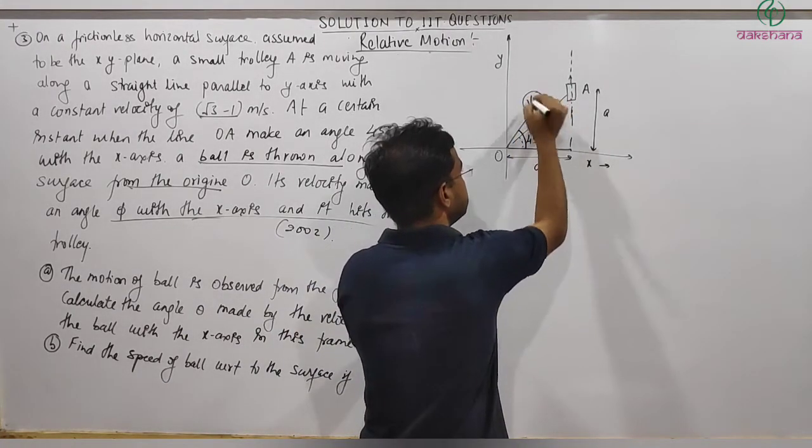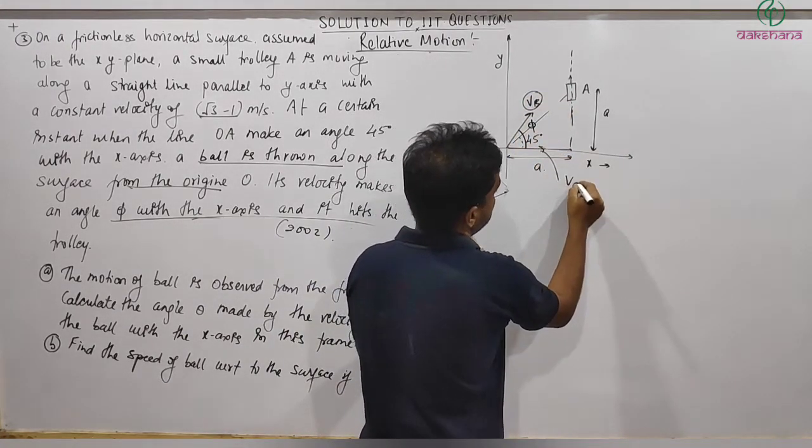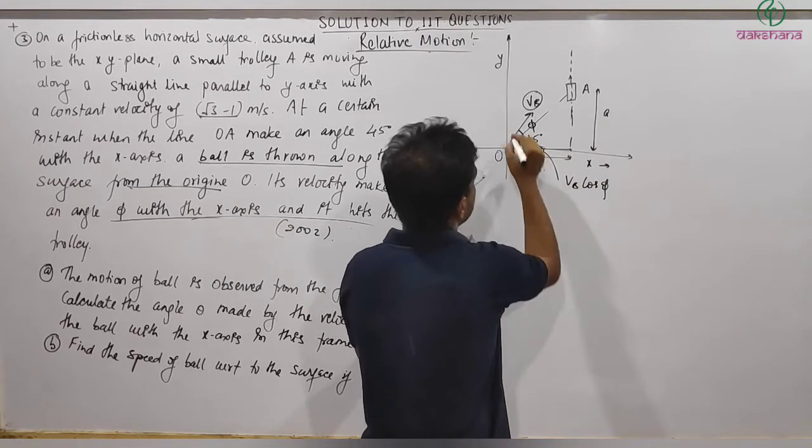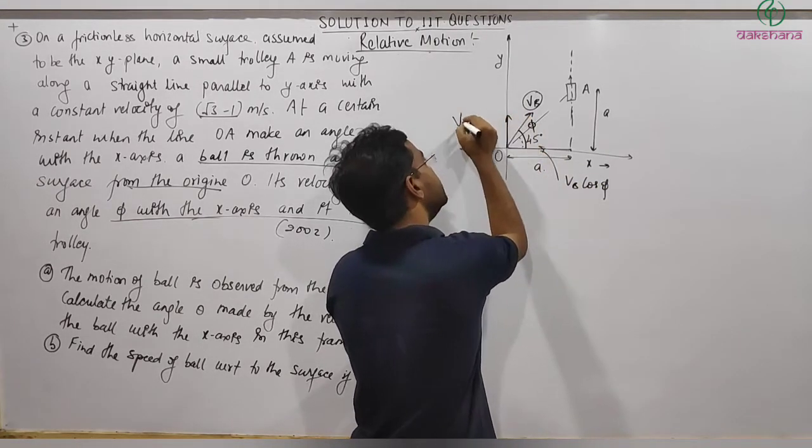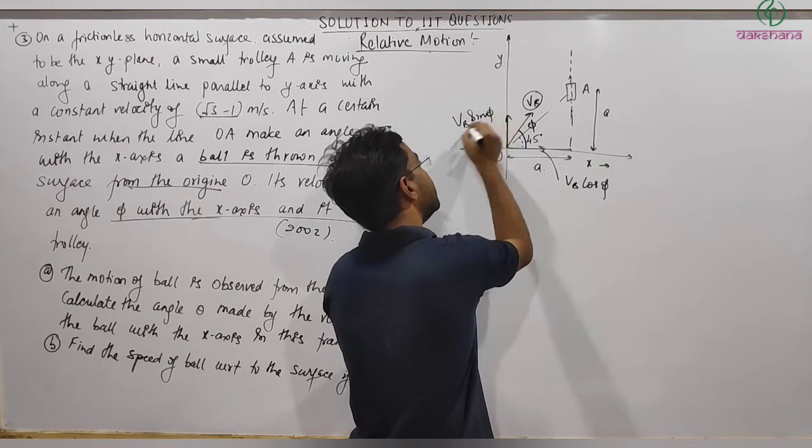I can write the components of the ball's velocity: along the x direction it is VB cos phi, and along the y direction it is VB sin phi.